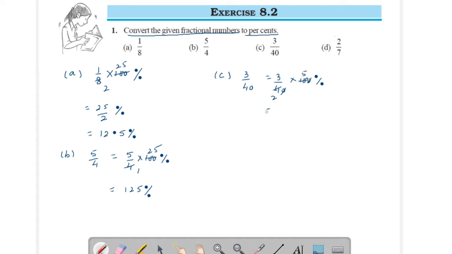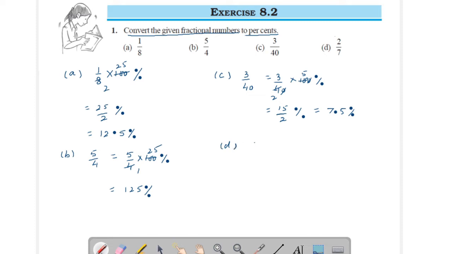This can be written as 3 5 15 upon 2%, and in decimal this can be written as 7.5%. This is your answer.